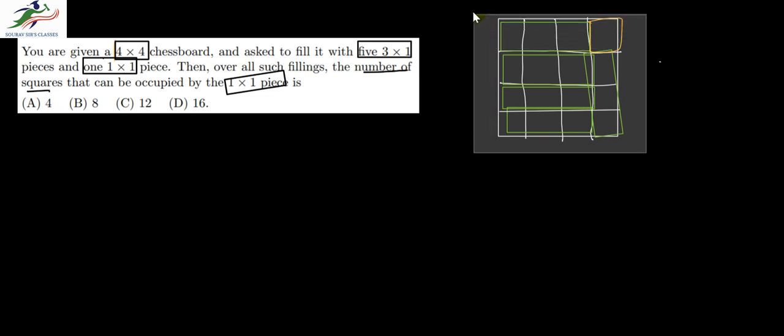There are only 4 ways in which this can be done. So this is one way. The second way could be, again we draw this 4 by 4 square.